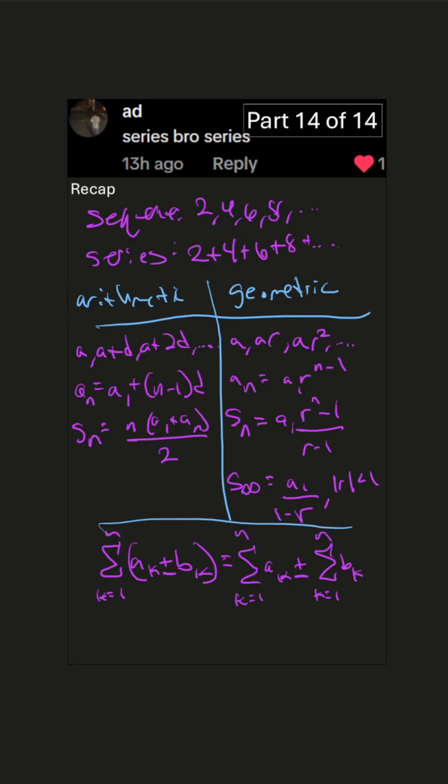And then finally, we can pull out a constant. Say we have a constant c times a sub k. We can just pull that out in front, and we get c times the sum from k equals 1 to n of a sub k.